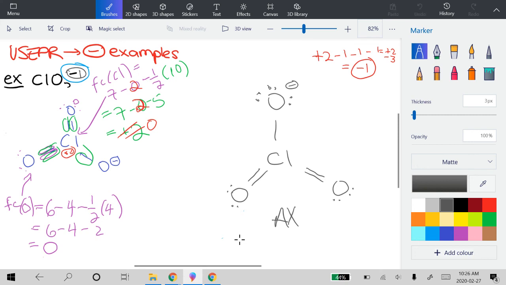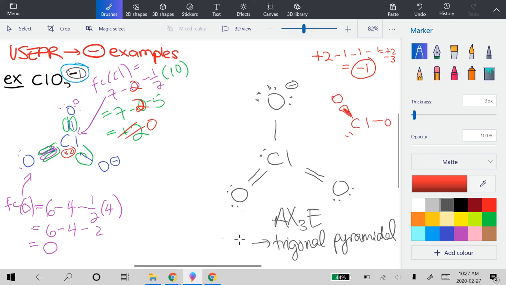All together, AX3E for trigonal pyramidal. And in 3D, that should be like this. And that's it.